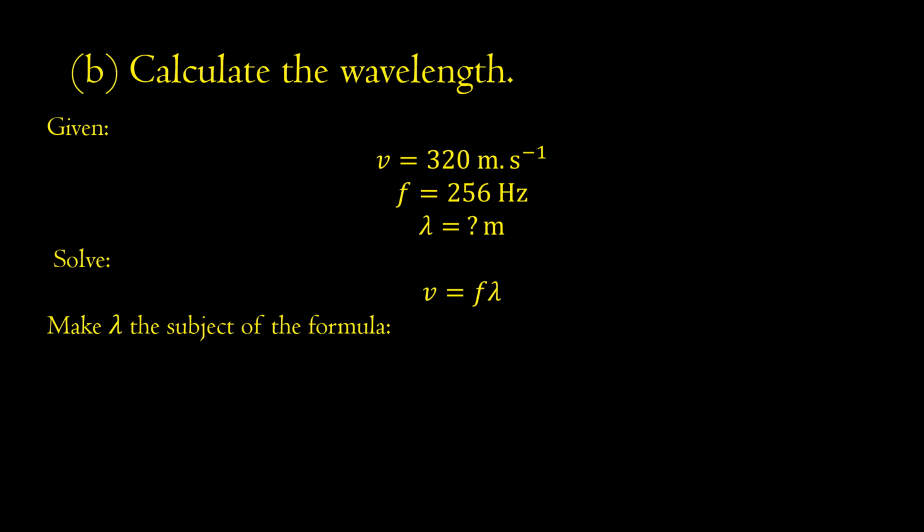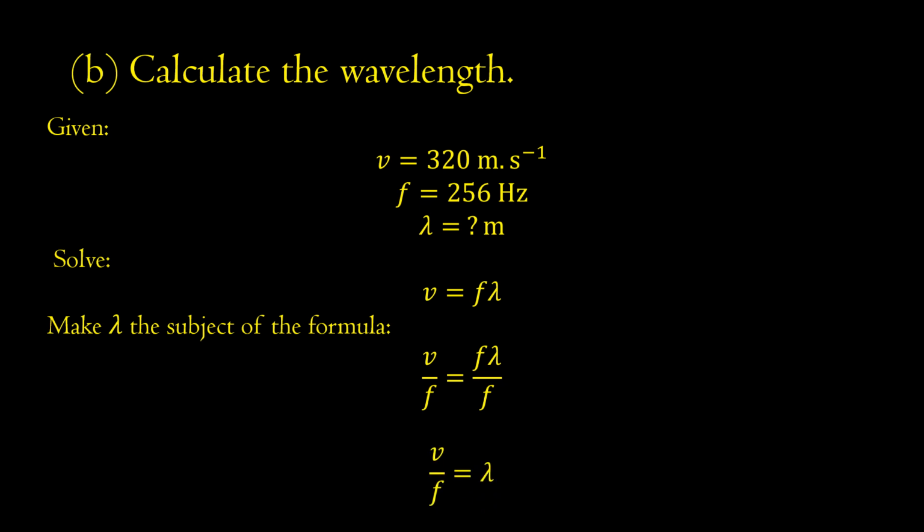How do we do that? We do that by dividing both the left-hand side and the right-hand side of the equation by F. So on the right-hand side of the equation, you have F times lambda divided by F, and on the left-hand side, we have the speed V divided by F. If you look at the right-hand side, F divided by F is 1, and 1 multiplied by lambda is just lambda.